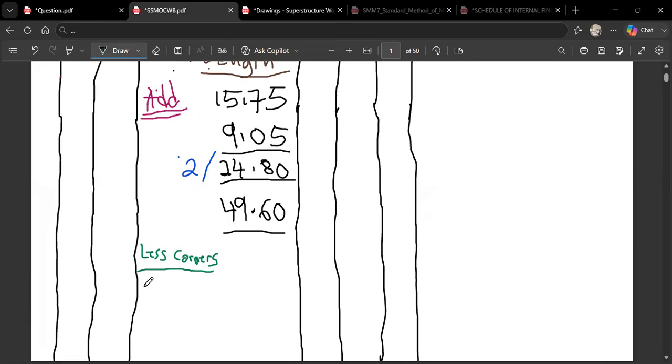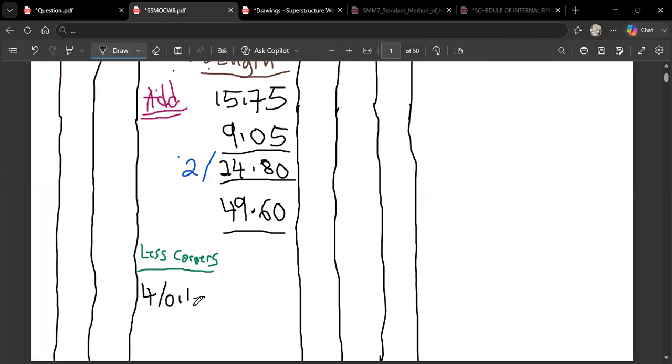So I'm going to write it right here: 4 times 0.15, where this is the symbol for multiplication.